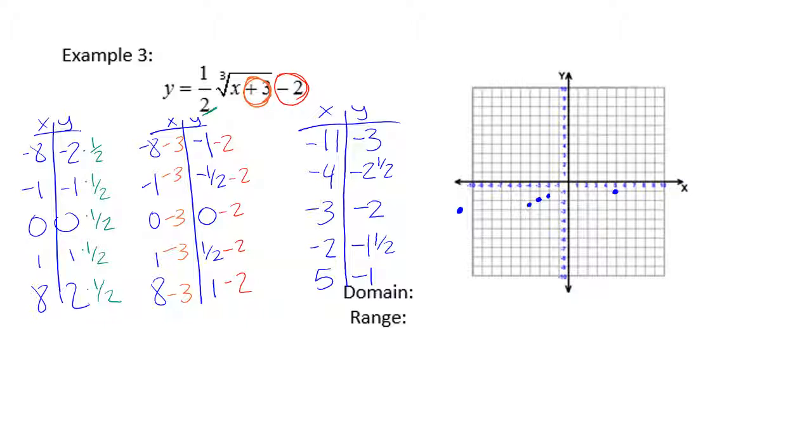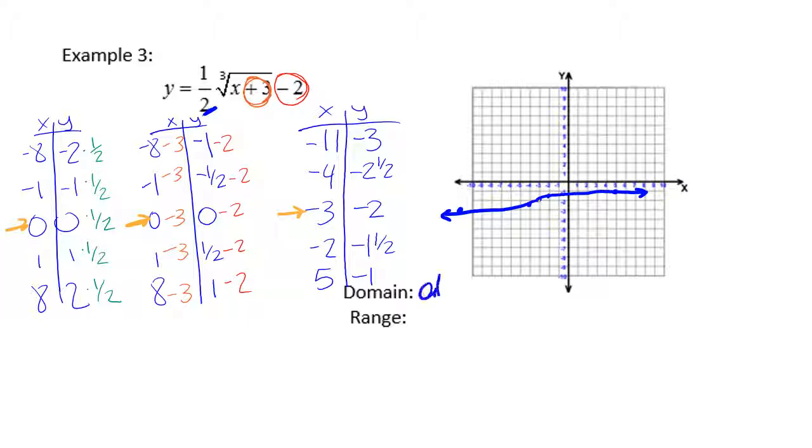Now I'm going to make note of where that origin or that center point was. This would be my center point, so it gives me an idea of how it should be symmetrical. Now this one's kind of a tight squeeze because of that vertical stretch. Because that vertical stretch was less than 1, it was 1/2, that really shrunk our graph.